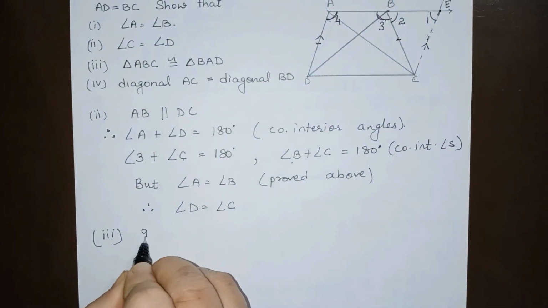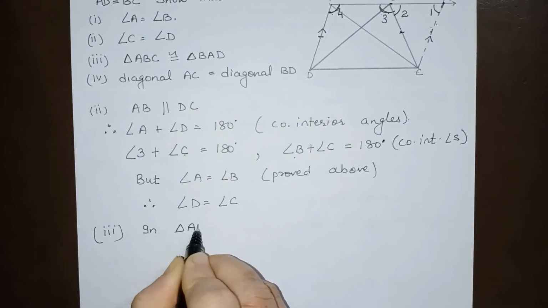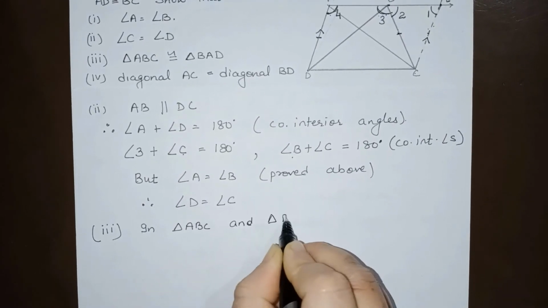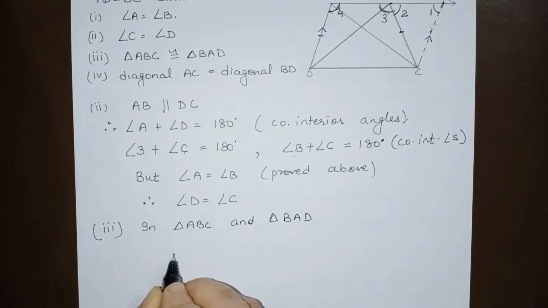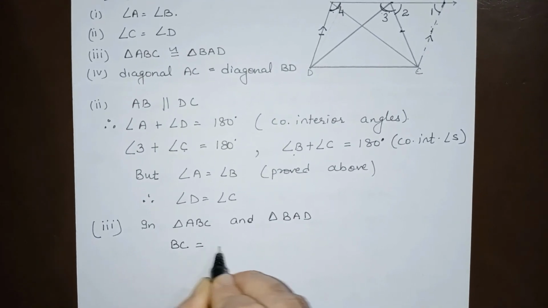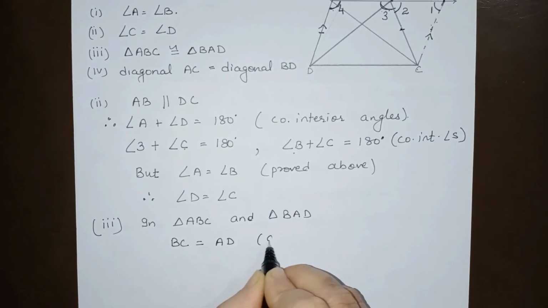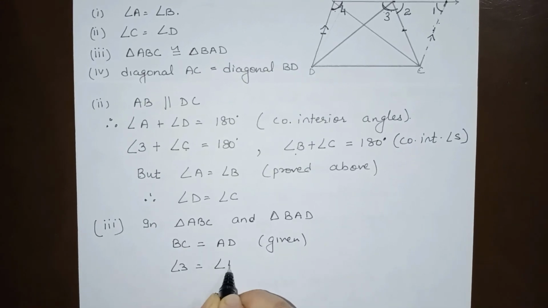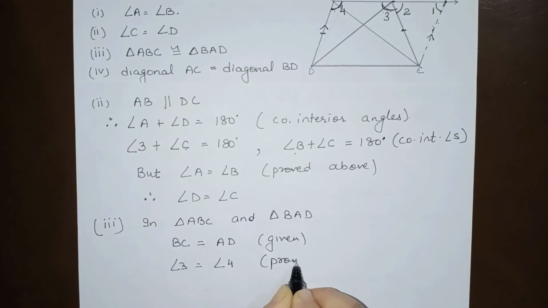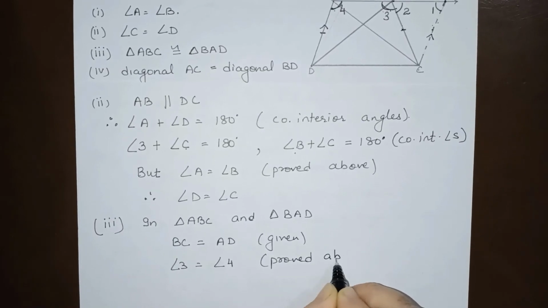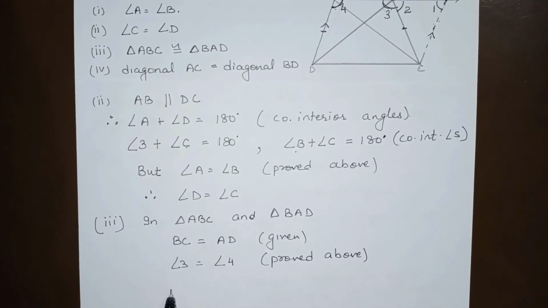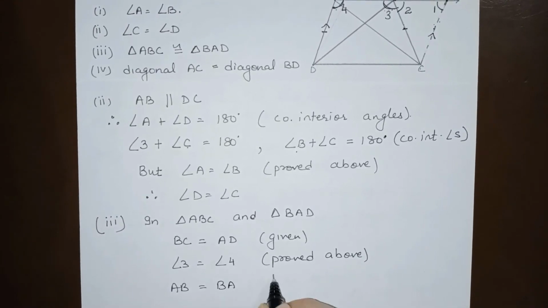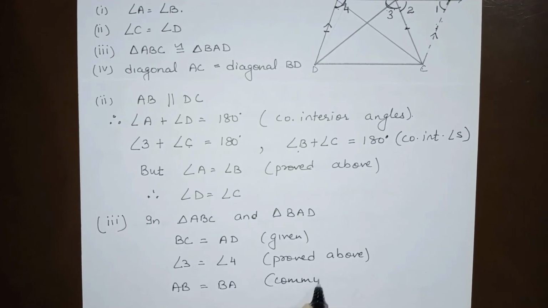So let us start. In triangle ABC and triangle BAD, we have BC is equal to AD, it is given. Angle 3 equals angle 4, we have proved it, as angle A is equal to angle B, and AB is equal to BA. This is a common side.